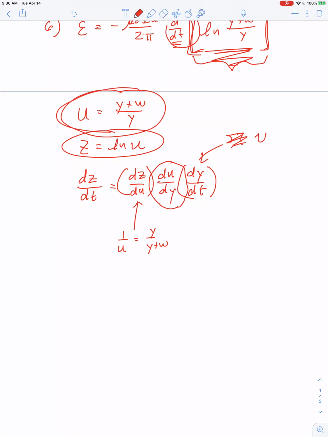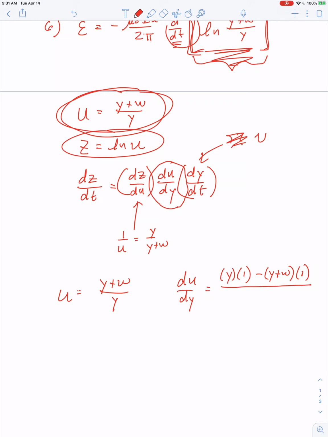Okay, so there's our expression for u. If u is equal to (y plus w) over y, then for du/dy we can use the quotient rule. So it's going to be the expression in the bottom times the derivative of the numerator, minus the numerator times the derivative of the bottom, divided by the denominator squared.